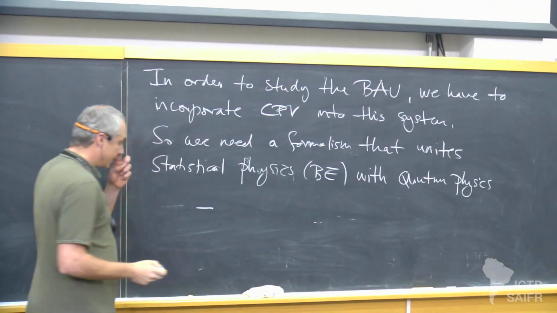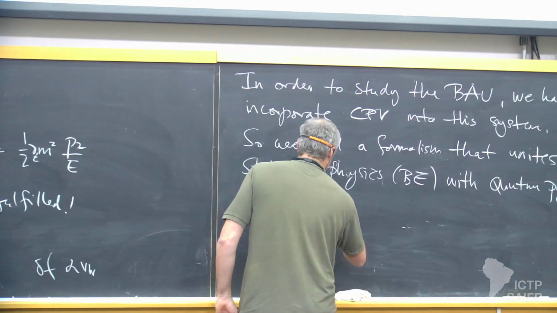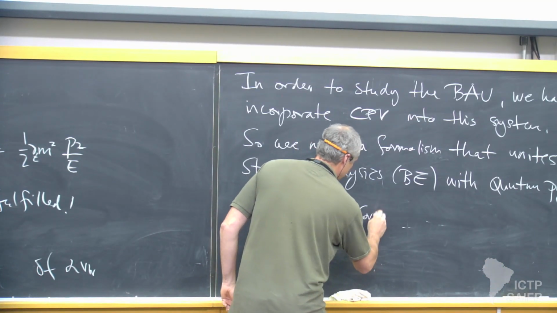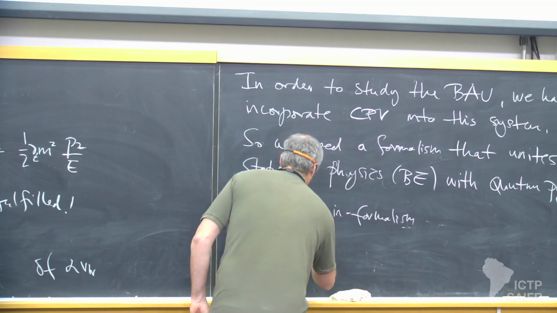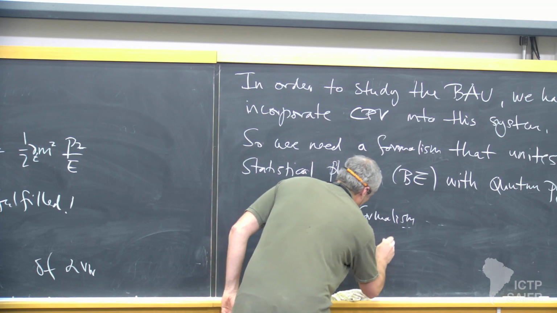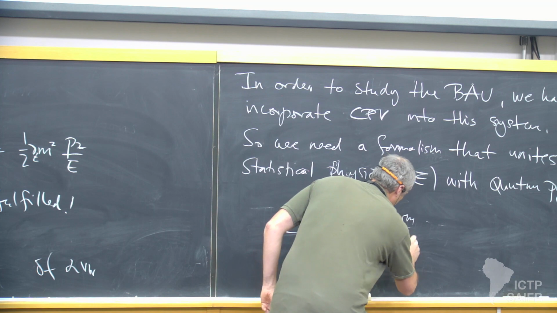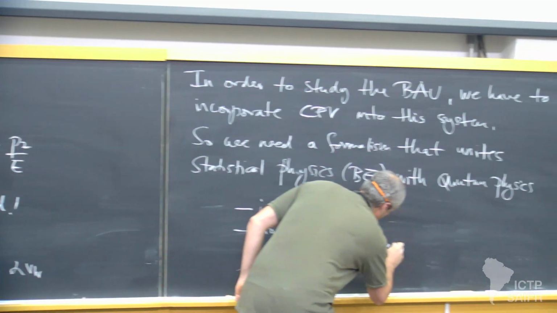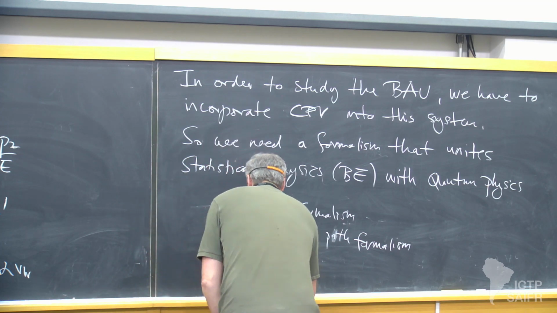And this formalism exists. It has several names. One name that is often used is in-in formalism. Some call it the closed time path. And some call it Schwinger-Keldysh.